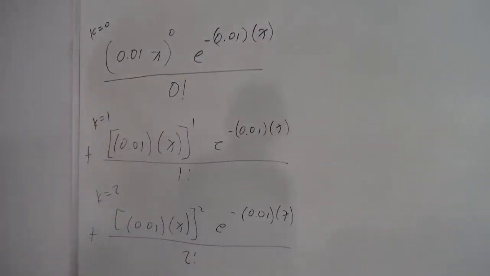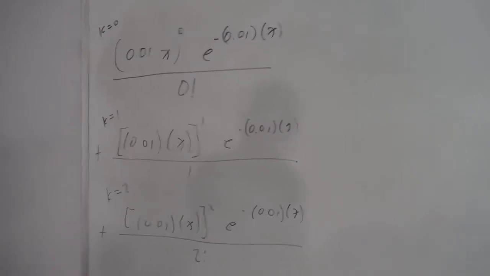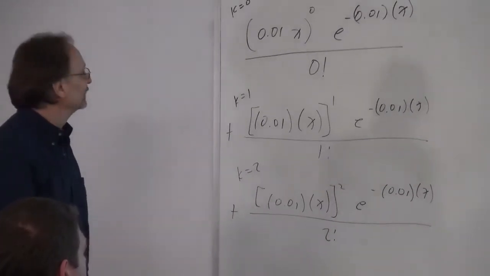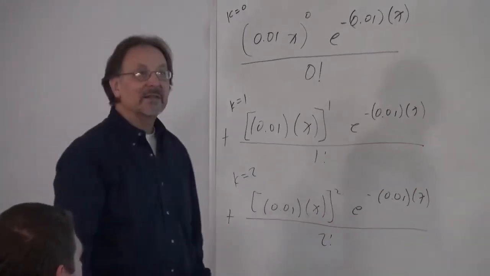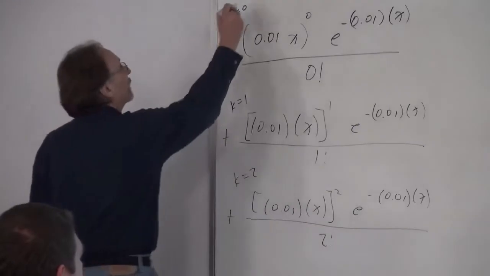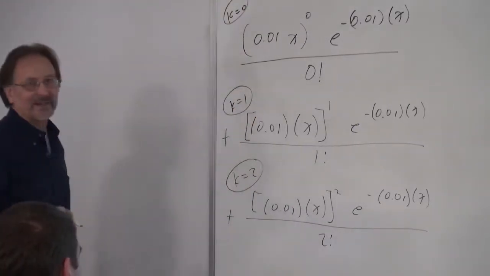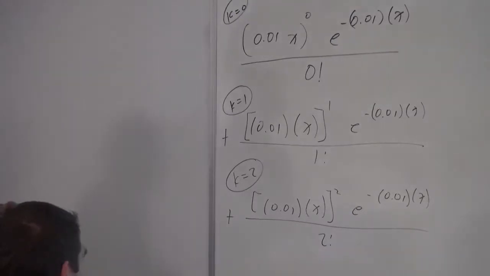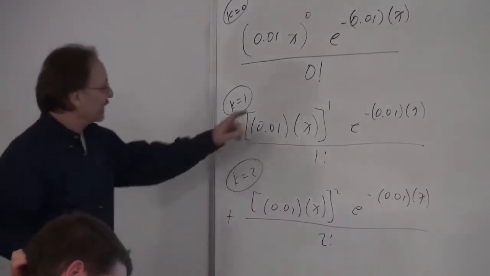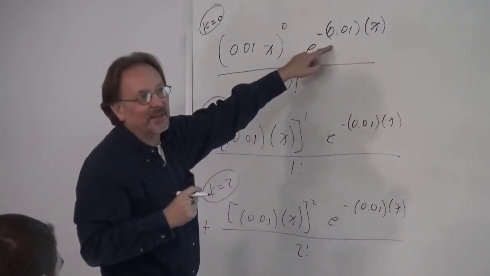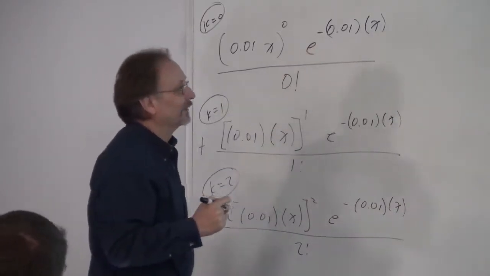Now, the first thing that all of these have in common is the e to the minus 0.01 x, so you can factor that out. Does everybody see that? I'll circle these so you don't get confused if that's part of the equation. It isn't. So each one of these terms has e to the minus 0.01 times x common to it, so you can factor that out.